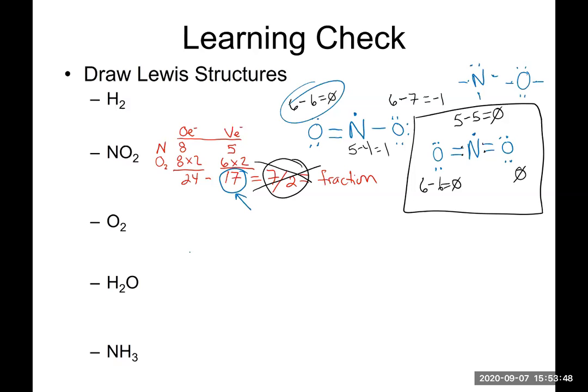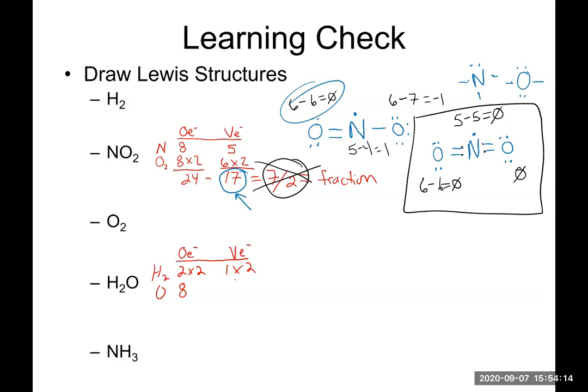So if we have the octet electrons and the valence electrons, then hydrogen, there's 2 of them, that's going to be 2 times 2. And there's 1 oxygen, so that's going to be 8. The valence for hydrogen is 1, and of course there are 2 of them.